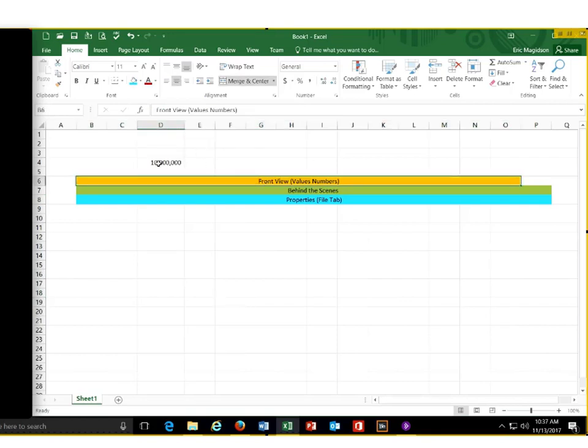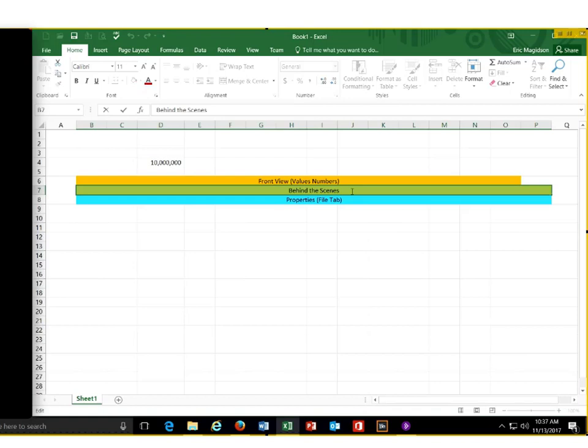So this is what we're looking at here. Okay? That's the numbers. But remember I said the numbers don't matter. What we really want to understand is what's going on behind the scenes. And what's going on behind the scenes are our formulas and functions. That's what we're worried about.